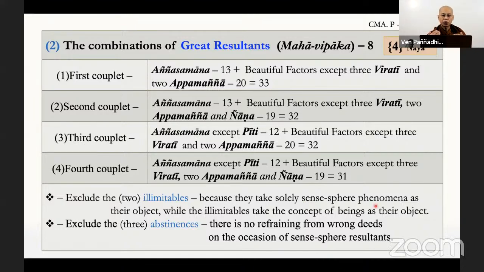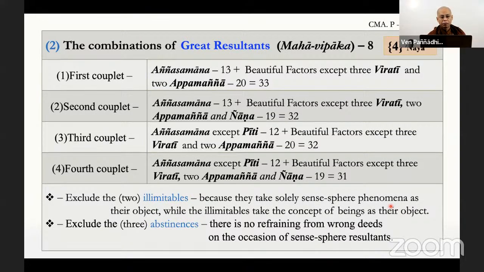It cannot reach sublime-plane phenomena or Lokuttara phenomena as its object. That's why this resultant consciousness takes only sense-sphere phenomena as its object.